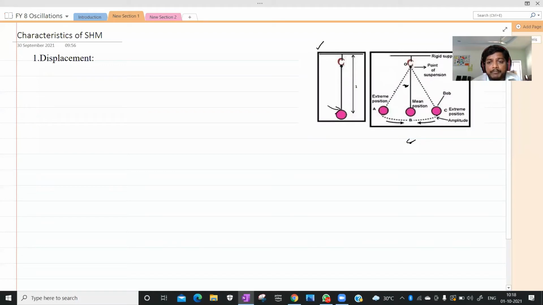Whenever you give some small amplitude to this simple pendulum, what happens? It will oscillate, moving to and fro about its mean position.